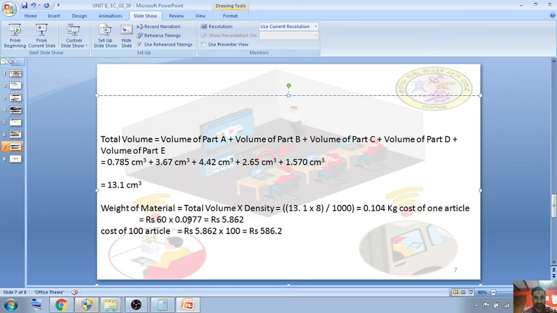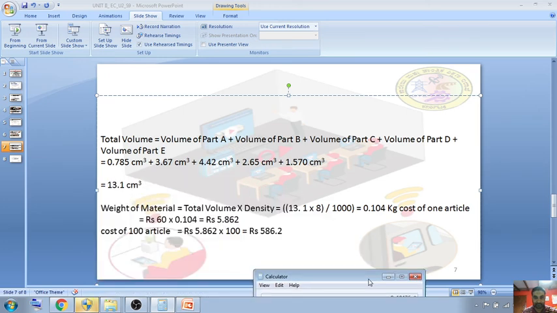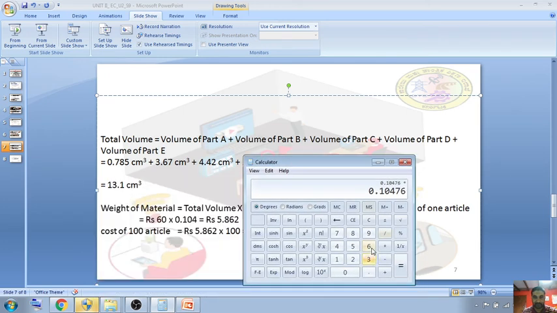Cost of material is 0.104 multiplied by 60, the cost of material per kg. So 6.25 for one article. We have 200 articles, so multiplied by 200, that is 1257.12.